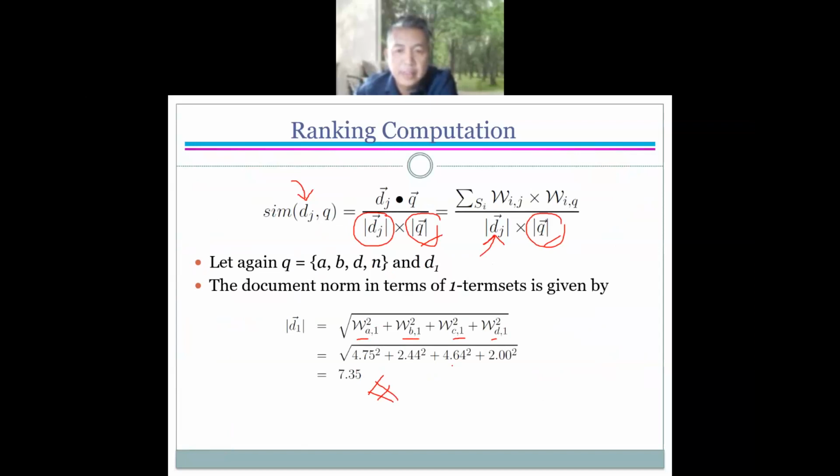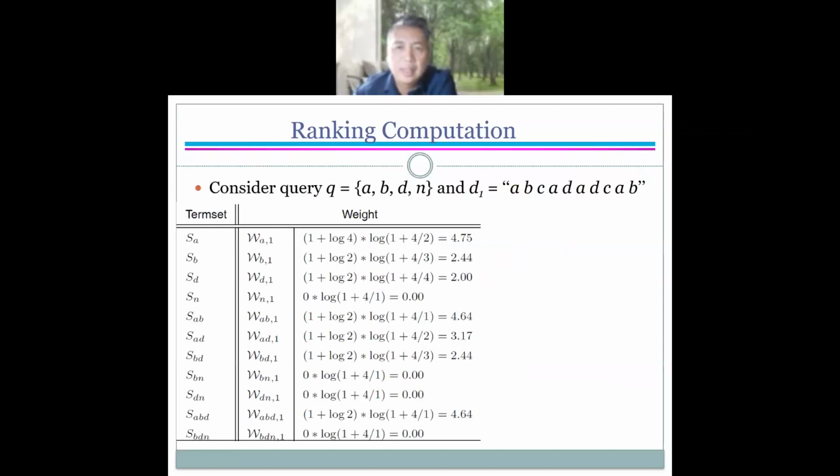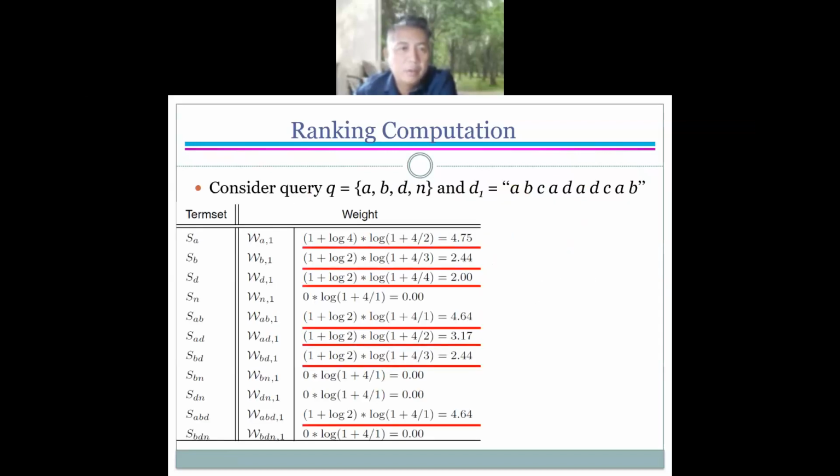This is for the C, this is for the D. Okay, so this is the length of the document that we will use in here. So now we know the weightage for all the term sets that we have in the document, we need to know what is the weightage for each of the term sets in the query. So this is the calculation for.